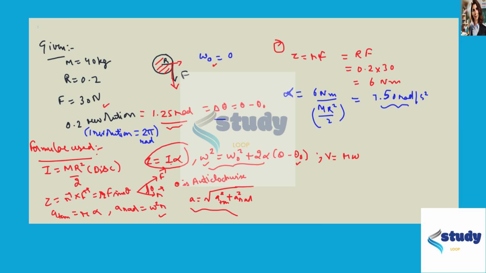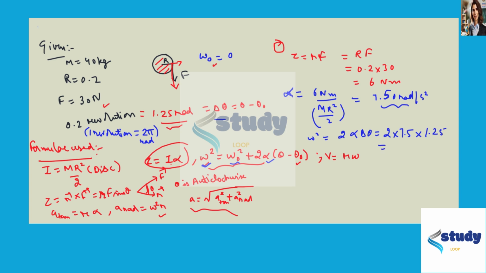Now we know delta theta, so we can put it here to find the angular velocity. Since omega naught is 0, we have omega square equals 2 alpha delta theta, which is 2 times 7.5 times 1.25 radian.